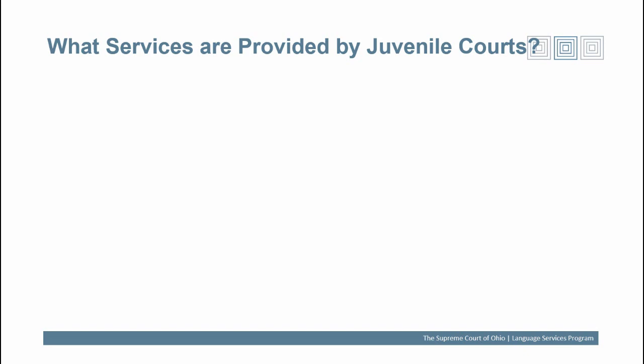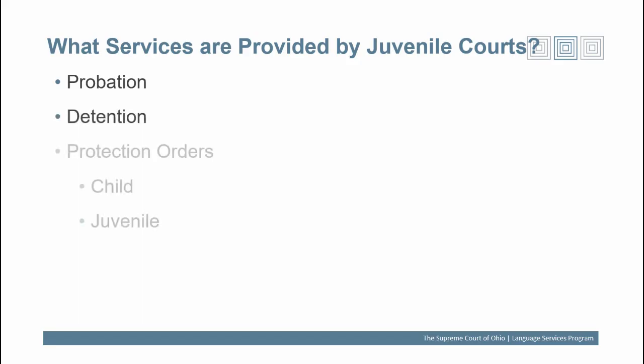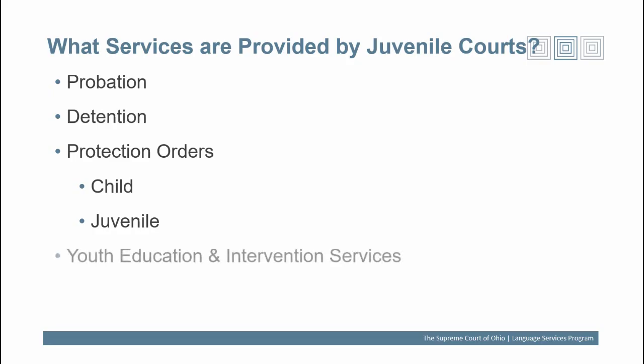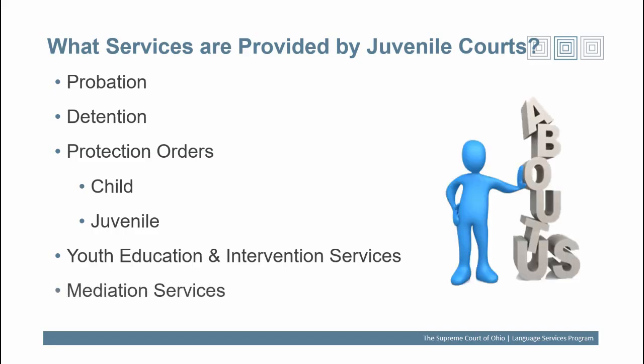For example, if you go to the Franklin County Court of Common Pleas, Division of Domestic Relations and Juvenile Branch website, you will see that some of the services available are probation, detention, protection orders for child and juvenile, youth education and intervention services, and mediation services. Of course, in this short lesson, it is not possible to go into extensive detail about all the services available, so you will have to do more research on your own.